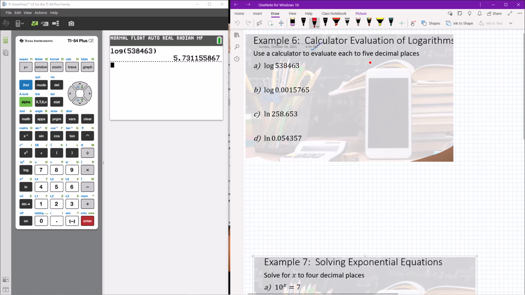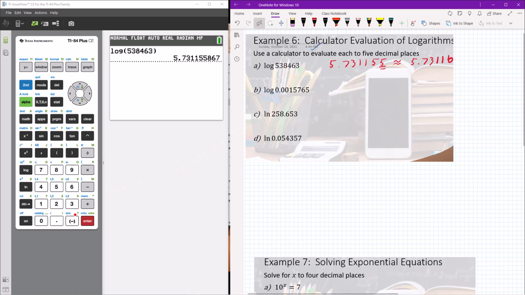Notice what we have is 5.73115. Those are our 5 decimal places, and the 6th decimal place is a 5. Since the 6th decimal place is 5 or greater, we want to round up, and that will give us 5.73116.